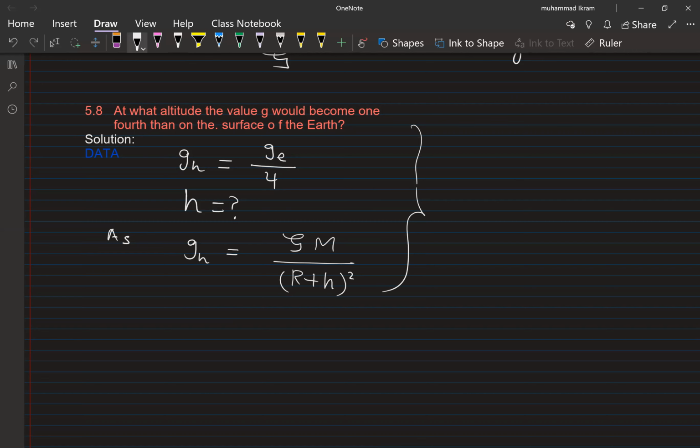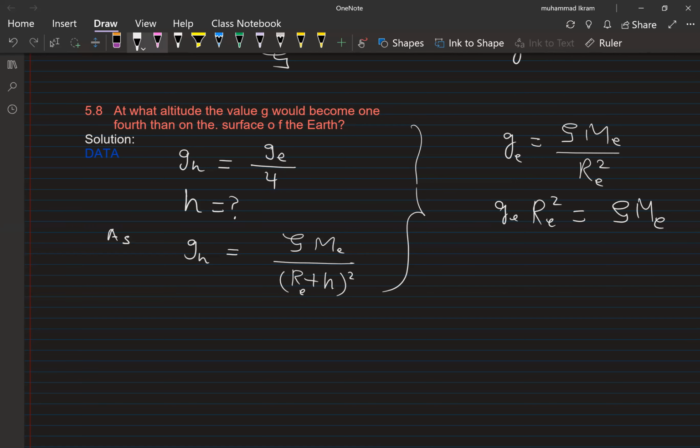As we know, small g is equal to GM divided by R square, the radius of the earth. We are doing this for the earth, so I'll put all these values for the earth: the mass of the earth, the value of g on the earth. So you see, I just make a transformation.